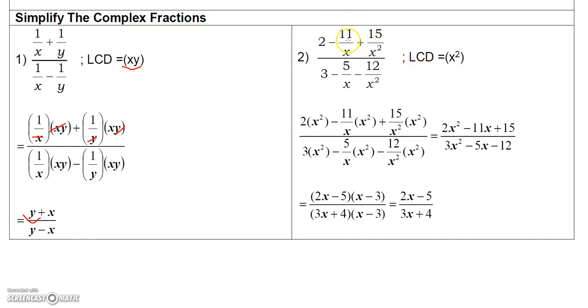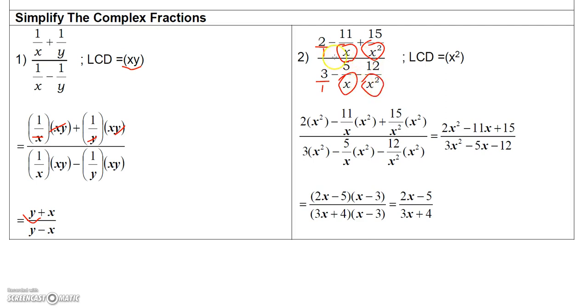Now for this one, these whole numbers 2 and 3, remember their denominator can be thought of as 1. And remember 1 will divide into anything. So really I just need to find the lowest common denominator that x and x squared will divide into, since that's what I have in my other denominators.